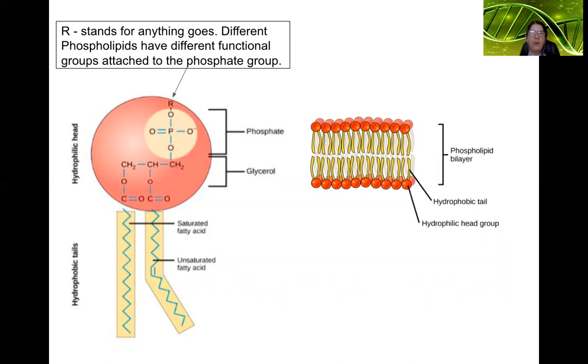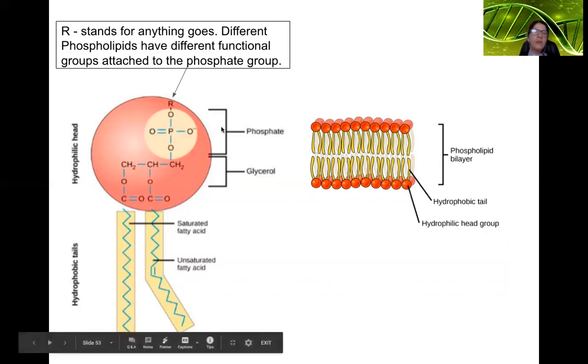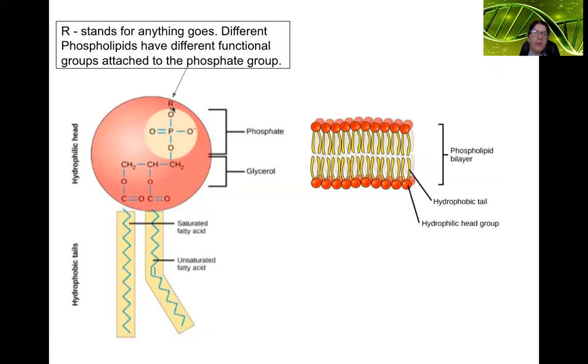A phosphate group is negatively charged, if you remember, and therefore is hydrophilic. In addition to the phosphate group, there are some other groups that are also polar or charged. So R basically varies between the different types of phospholipids. Different types of phospholipids have different R groups, but all phospholipids have a phosphate group.